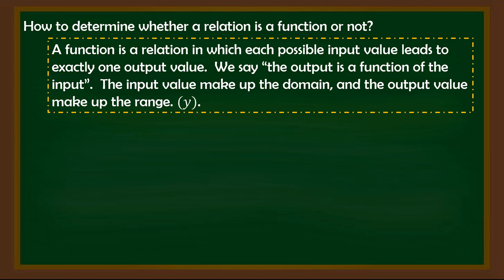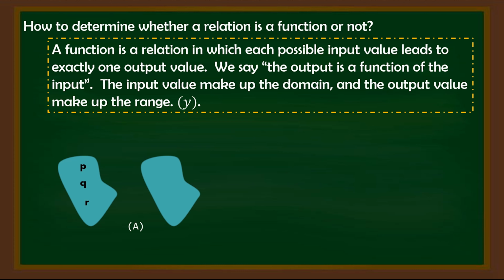To help you visualize the definition, here is an example about a function. Consider figure A with P, Q, and R as elements of the input, and M and N as elements of the output.